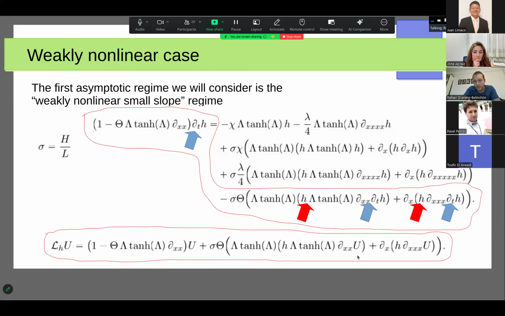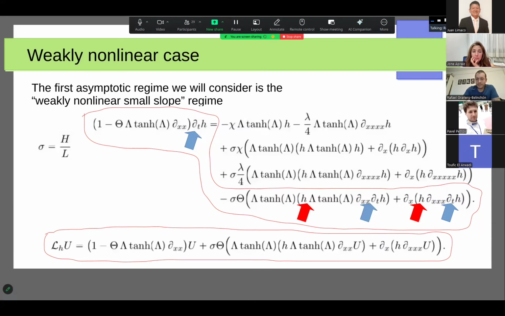If you compute this guy carefully, the fourth derivatives cancel one with the other, and the terms that survive are one derivative hitting h and three derivatives hitting h_t. Of course, it's not as simple as that because of the non-local character of this commutator. It's not just a commutator of local derivatives. This guy is non-local, so it is a nonlinear and non-local third order operator.